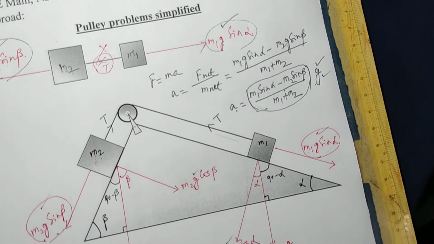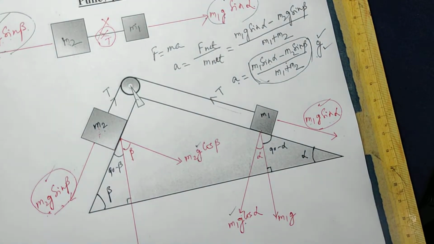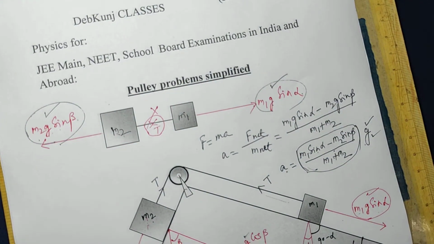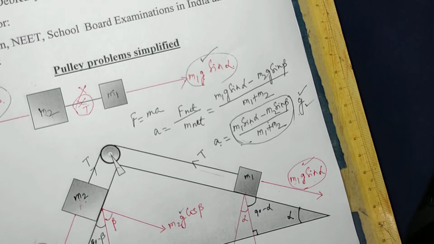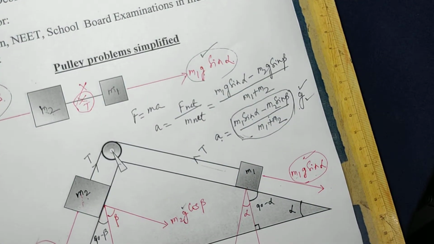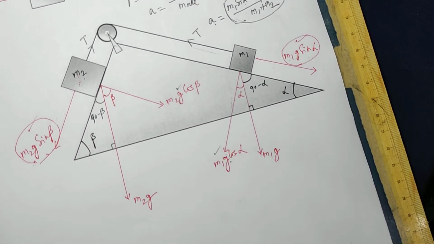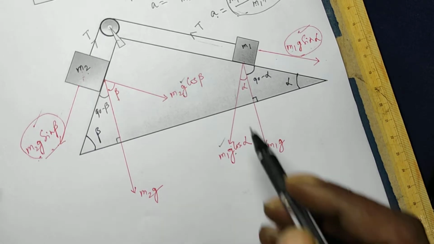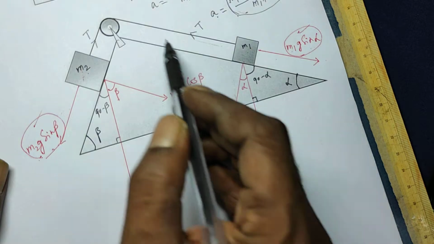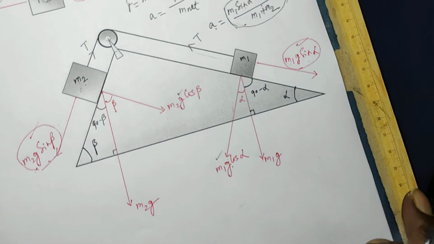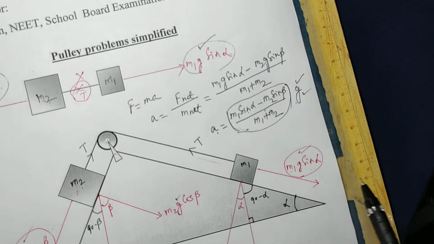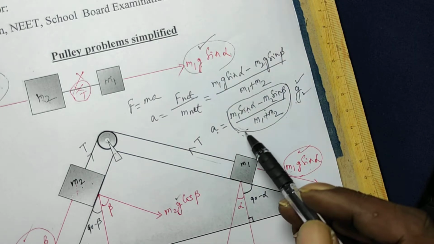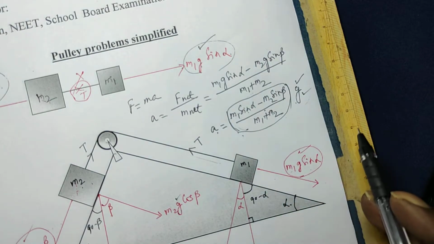But to find the tension, you cannot find it in a shortcut way the way you found acceleration here. For tension, we have to write the equations and put the value of a in one of the equations. Now, since I assume M1 is going down, you can use this expression, put the values of M1, M2, sine alpha to find the value of this acceleration.